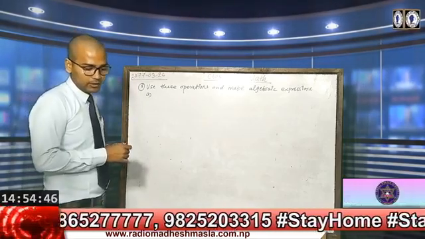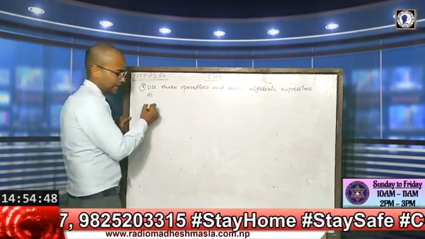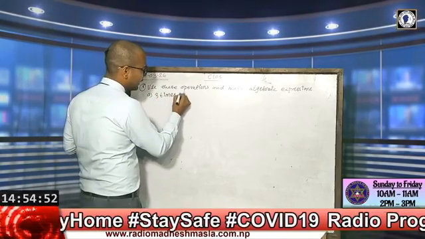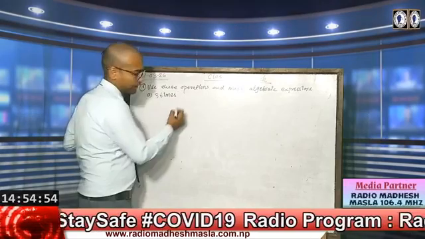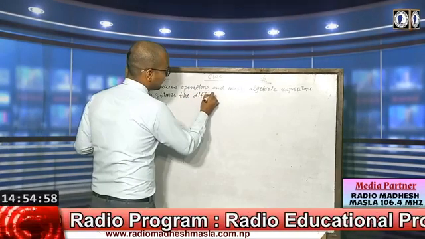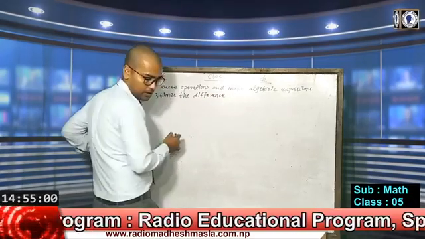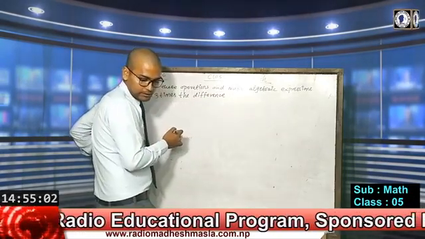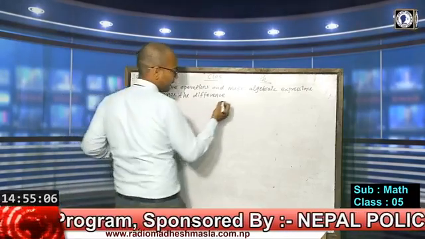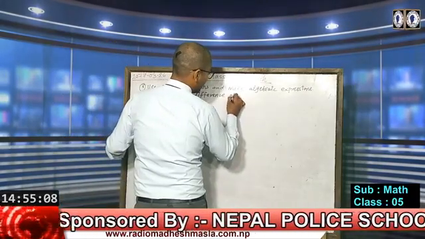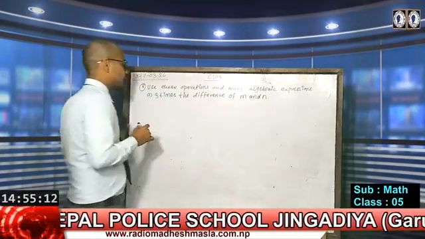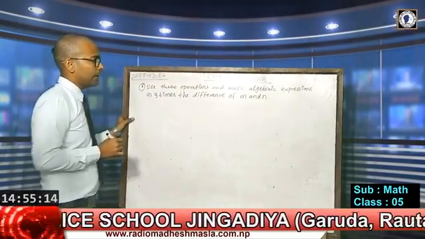Our first question is like this: 3 times the difference of m and n.